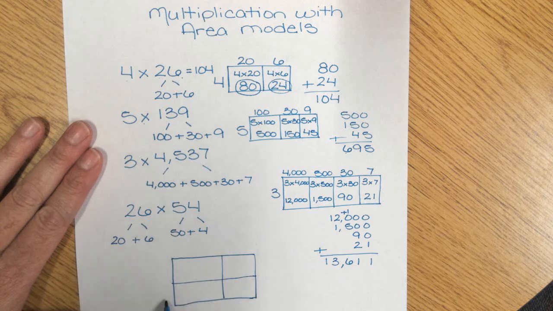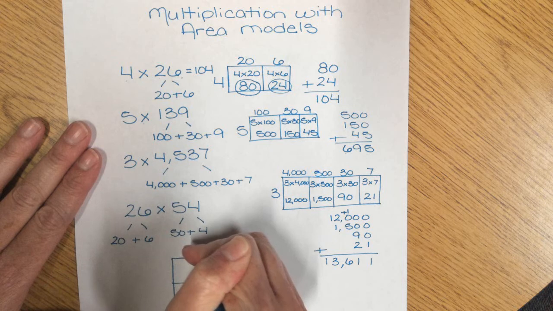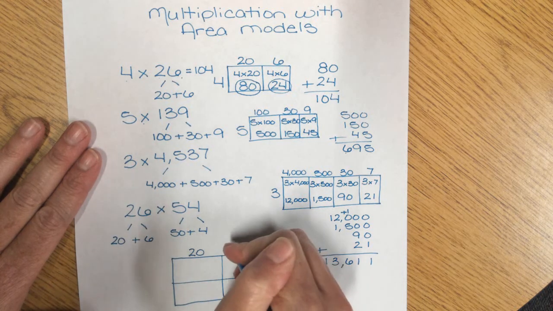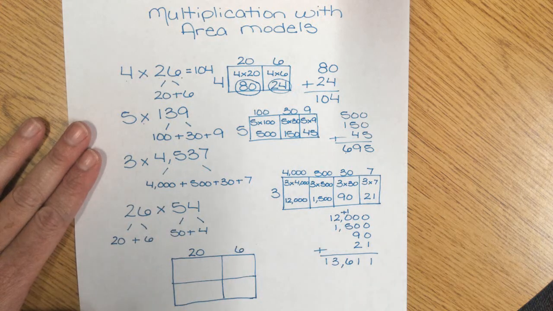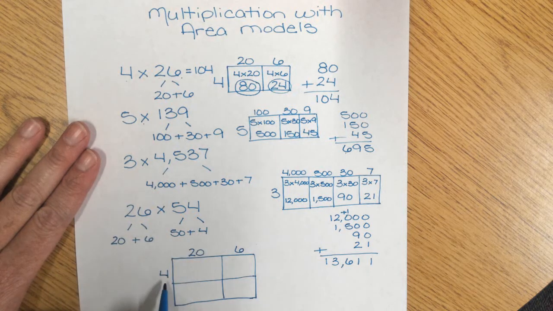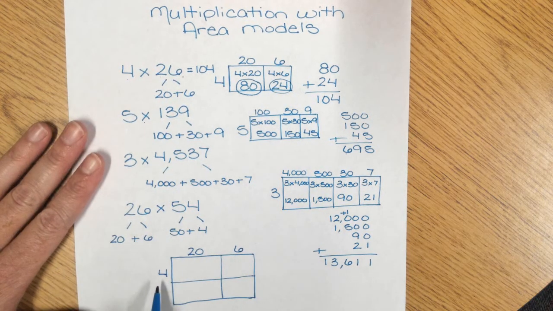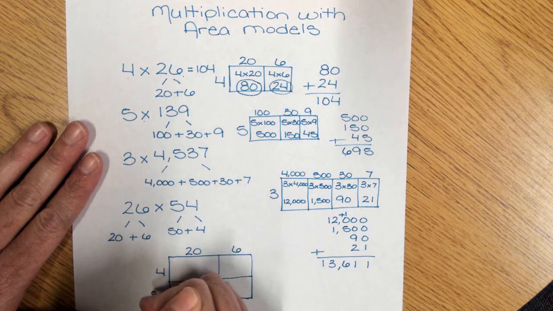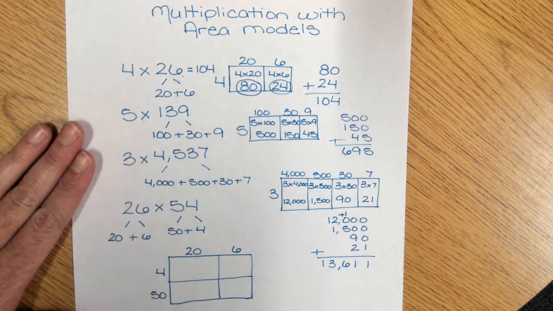I'm going to take my 26 and put it up top. Again, by place value, so my 20 has its own box, my 6 ones have its own box, and 54. I'm going to put my smaller digit up here because when we learn how to do traditional multiplication, we always multiply our smaller numbers together. So there's a reason that I'm putting the smaller number up there.